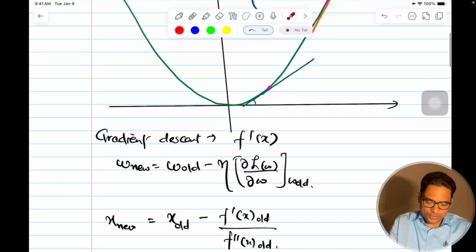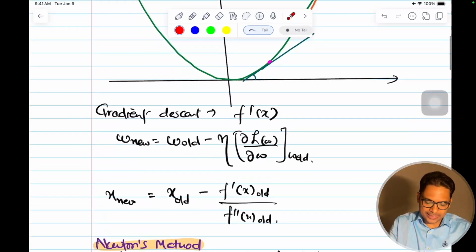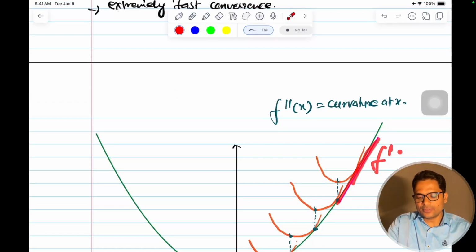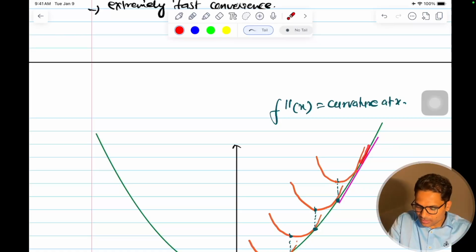So what Newton's method says is that instead of using just the gradient, the first derivative, why not use the second derivative also, which gives me the curvature at that point. Using the curvature at that point, you draw a parabola, go to the minimum of that parabola, and move to the next point.